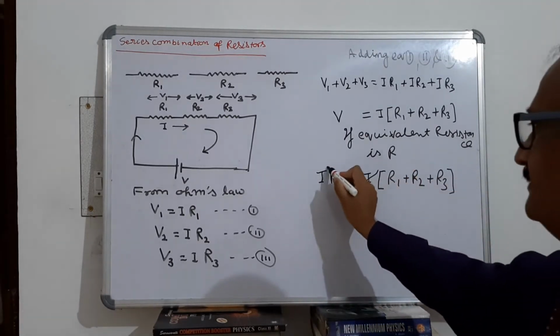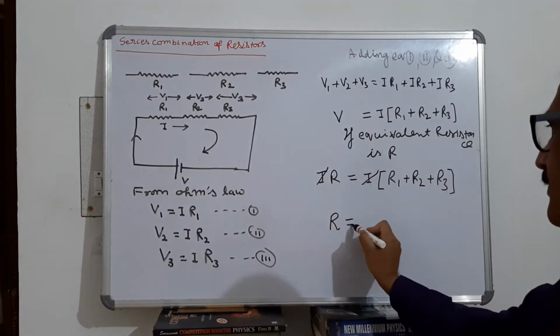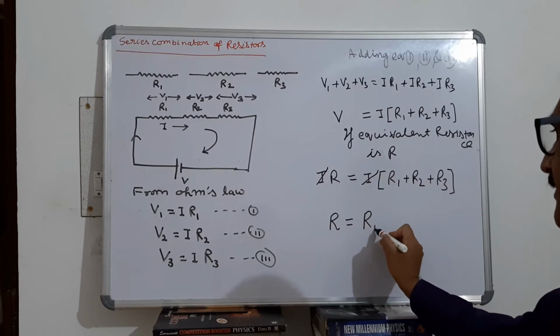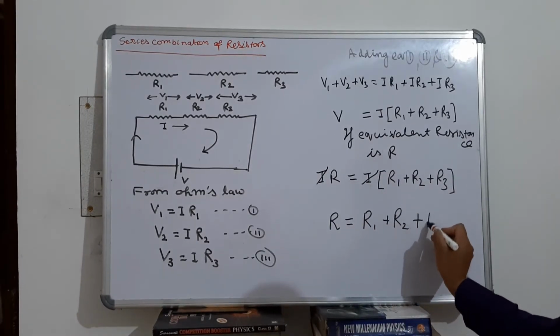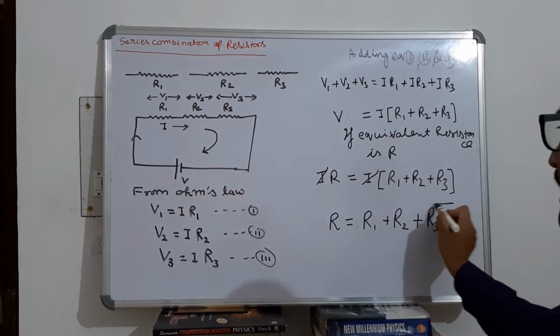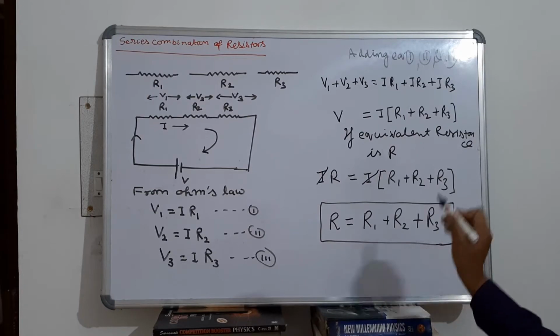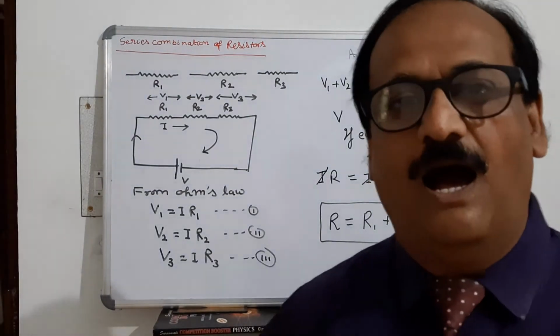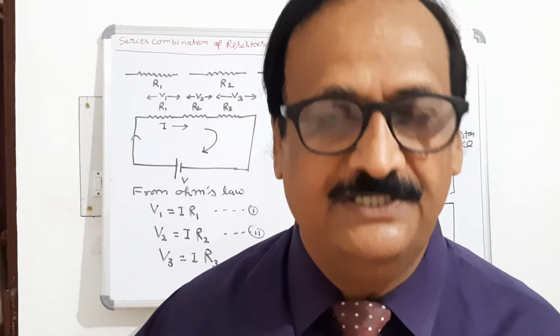I and I cancel out. It means R is equal to R1 plus R2 plus R3. Thus we see that when three resistors are connected in series, the resultant of the combination is given by R is equal to R1 plus R2 plus R3.